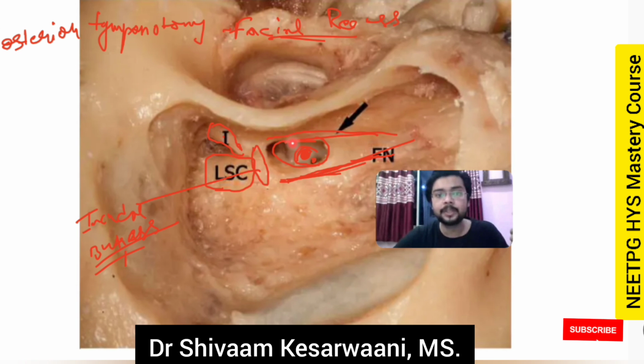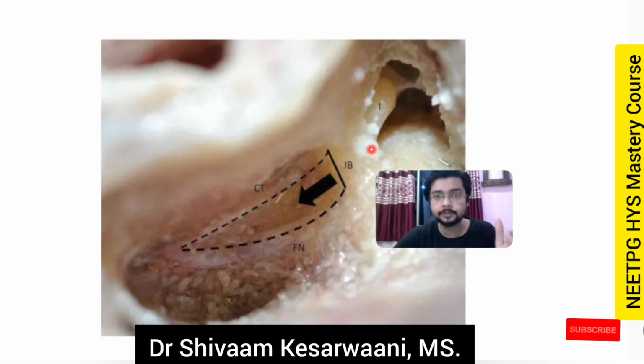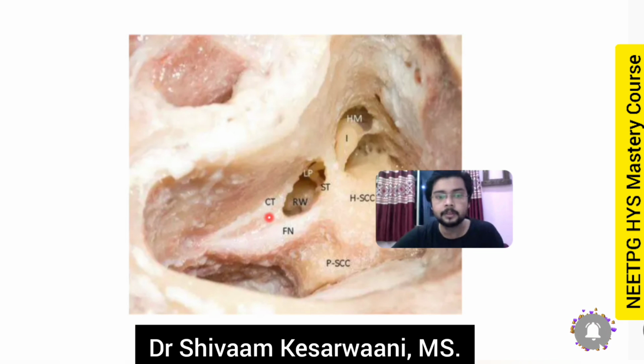Laterally is your chorda tympani, and when we drill in this triangle, we enter the middle ear and can insert the cochlear implant electrode through this. So these structures need to be very clear for you. In another figure you can see the incus, the chorda tympani, and medial is the facial nerve, and this space is where you drill for posterior tympanotomy.